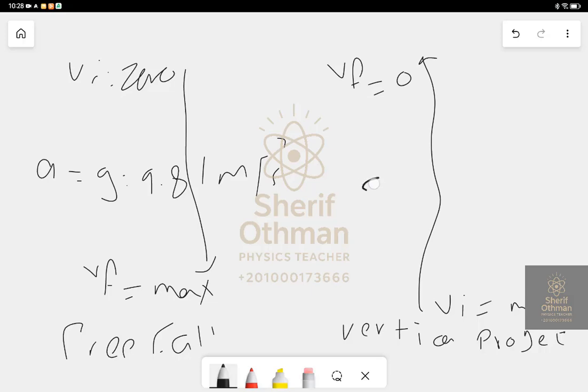And the acceleration of gravity will be negative 9.81 meters per second squared.